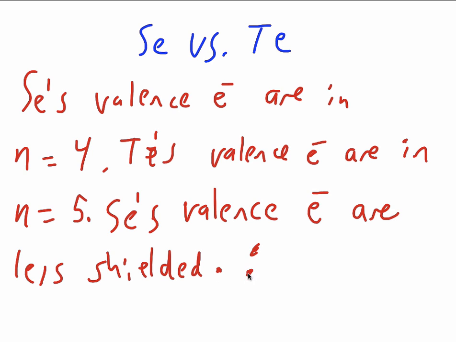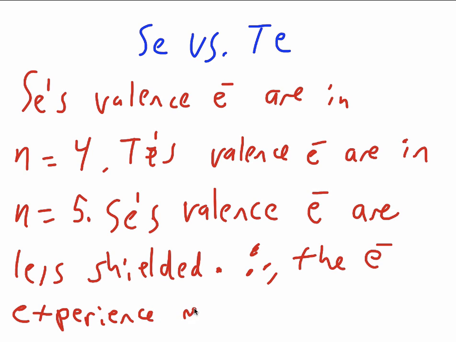So we can say, therefore, the electrons experience more pull from the nucleus and have a higher IE. Let's go ahead and draw a picture of something really simple with this so you guys get the idea.